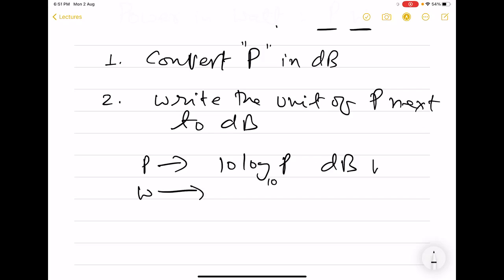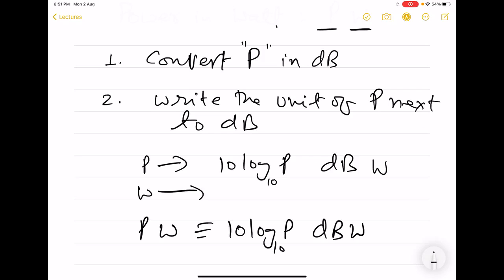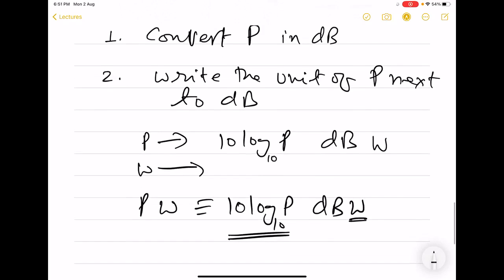That means P watt is equivalent to 10 log P of 10 dBW. So this conveys the unit of quantity which has been converted into decibel scale, and this is the number corresponding to conversion.